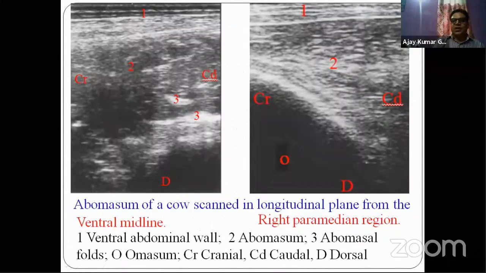Similarly, if you scan on the left side, you will find the abomasum and the rumen. So this is the appearance of abomasum. You can clearly see the difference between the appearance of abomasum and omasum. Omasum appears only as a semicircular or crescent shaped thick echogenic line beyond which nothing is visible, whereas the entire content of the abomasum is visible as an echogenic structure.